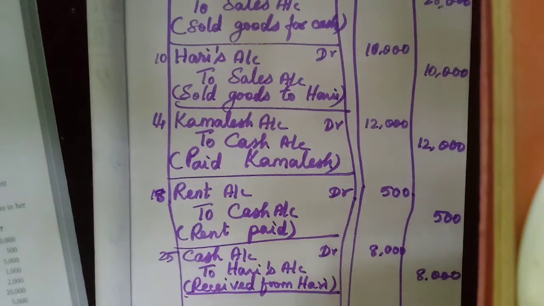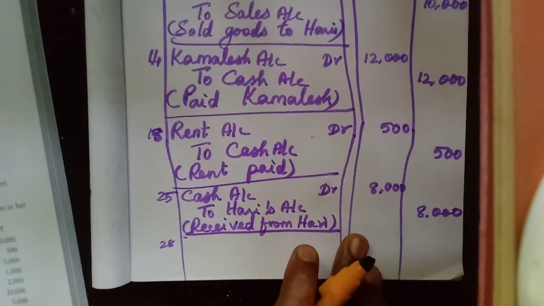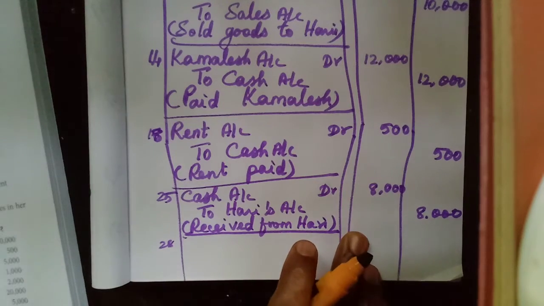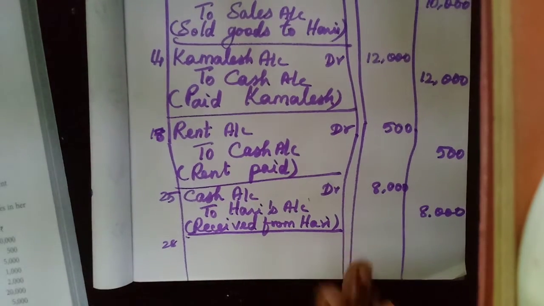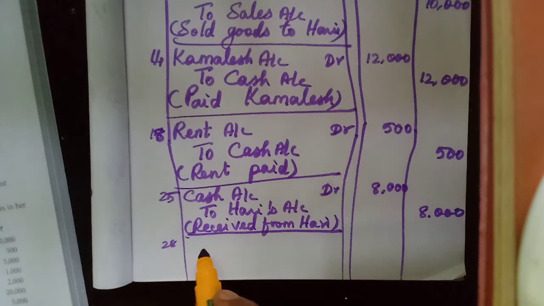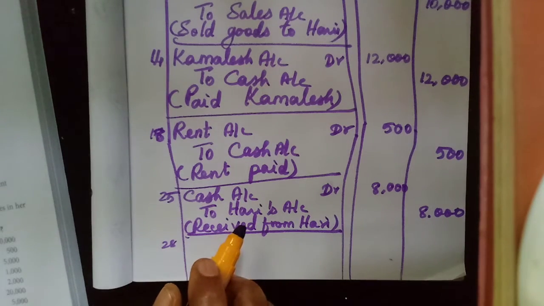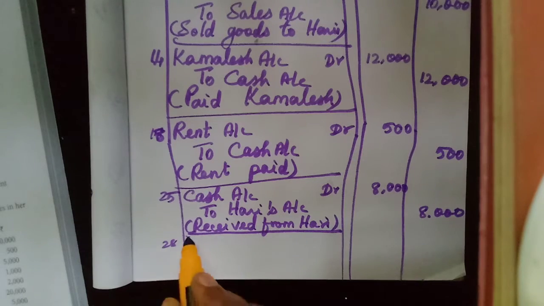Then 28. Withdrew cash for personal use. Okay, withdrew cash for personal use. Here, when the person withdraws cash for personal use from the business, that is called drawings.